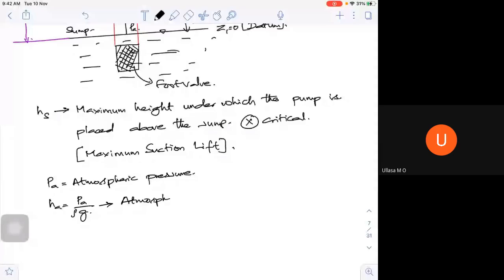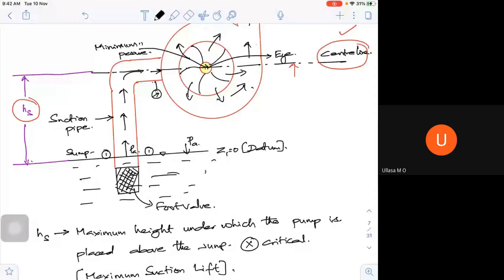Now, how to find this? I call this section 1 and this section 2.